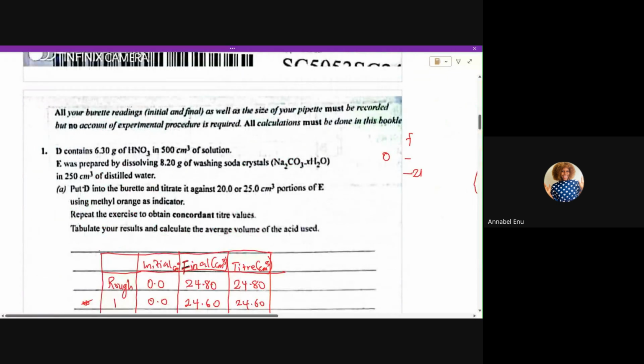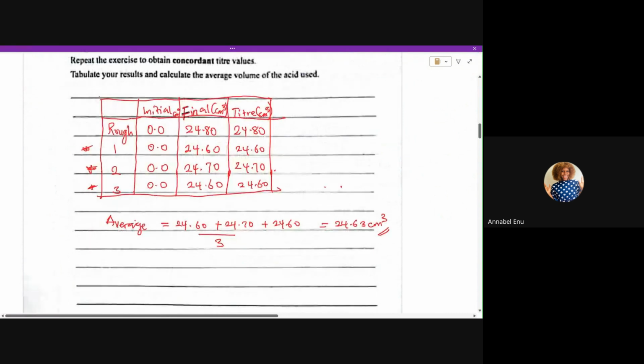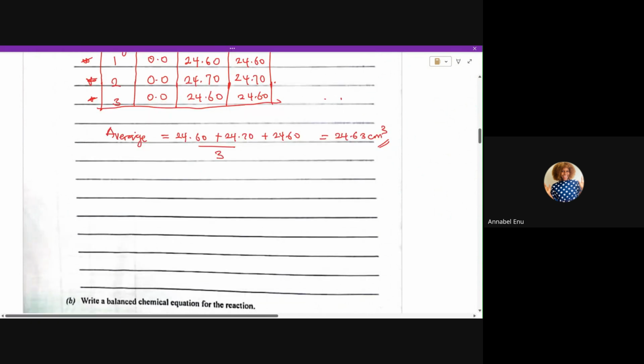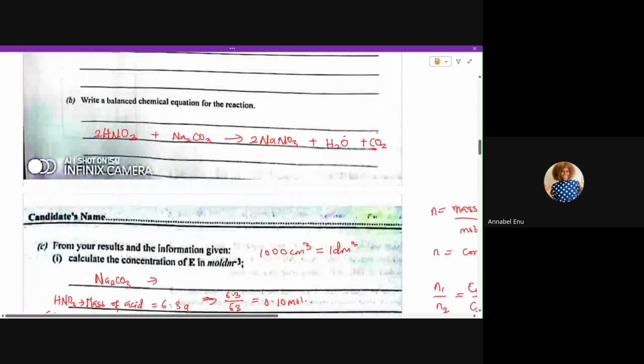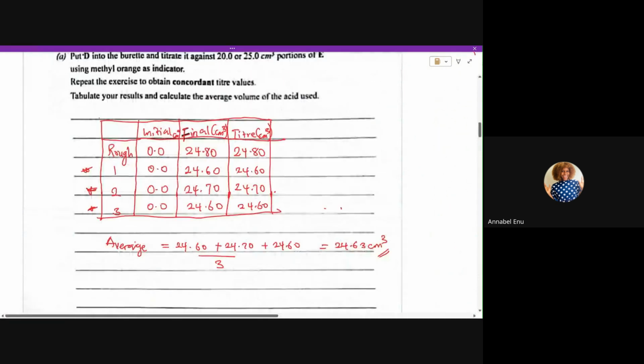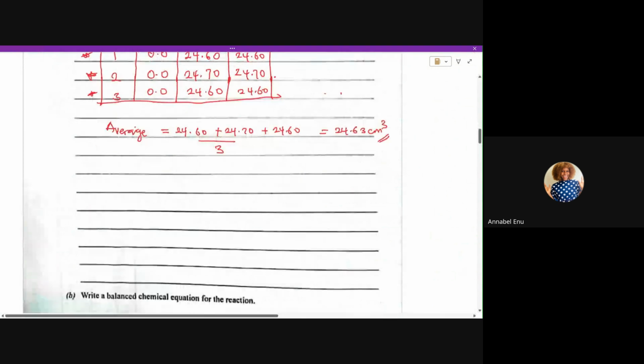This is the volume of the solution, that is acid in a solution. But the volume of our acid is going to be this titration value of just the acid, not the acid in a solution. So our volume of acid is going to be, what did we get? 24.63 centimeters cube.